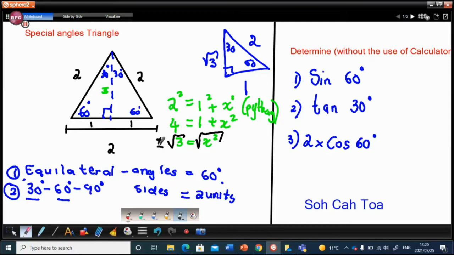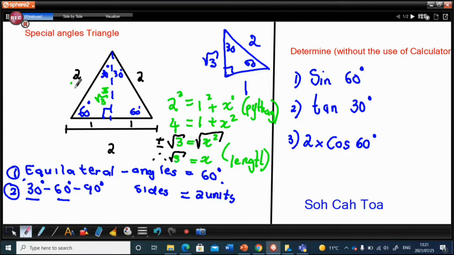So yes, it's plus or minus, but in this case, we're only going to take the positive square root of 3. And the reason for that, as I said, is because we are dealing with length. Right, and then we have completed our triangle, which you see there.